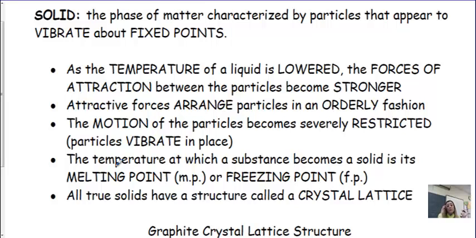The motion of the particles becomes severely restricted and they vibrate in place. The temperature at which a substance becomes a solid is called its melting point or freezing point. They are the same exact point, so don't get those mixed up. A substance melts and freezes at the same exact point, 0 degrees Celsius.